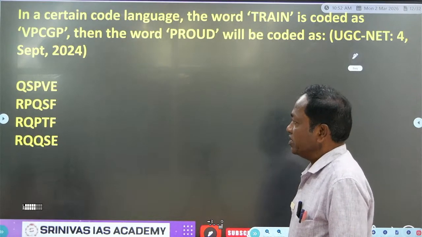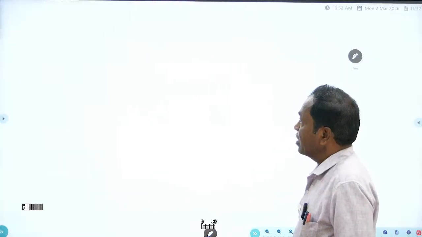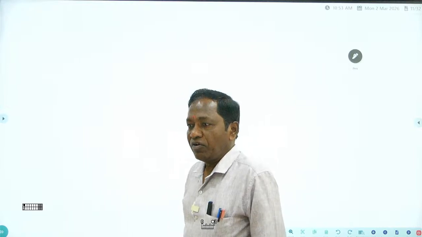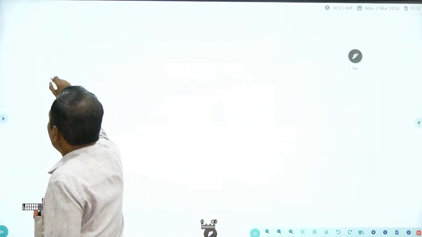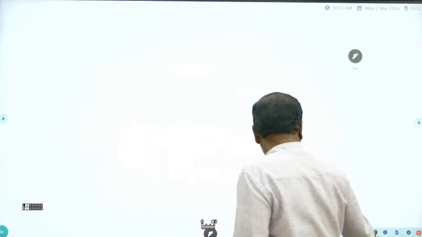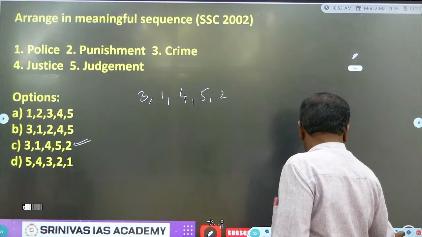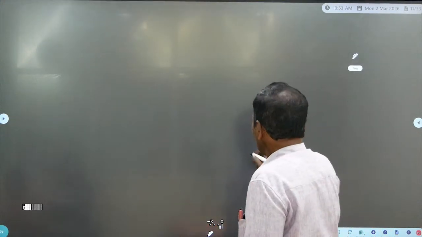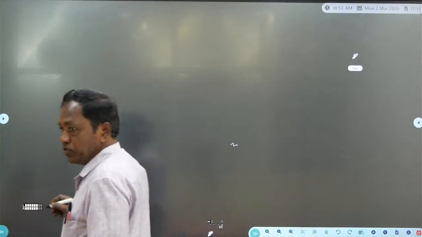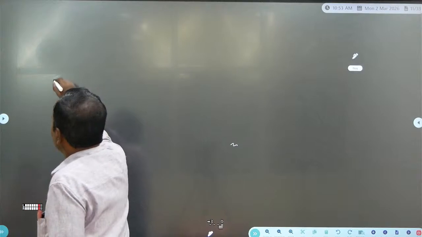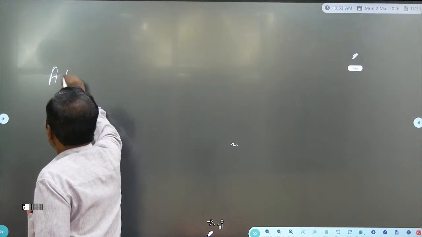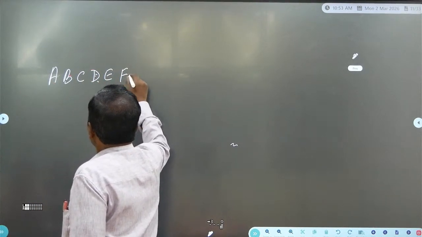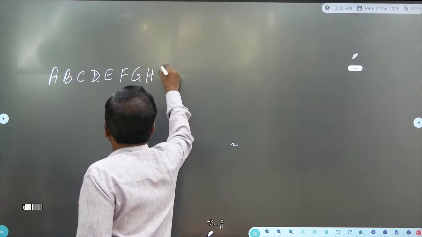Before we come to this, in coding, decoding, first you have to write the alphabet. Don't go to the question first. First write the alphabet, and after that you can solve the questions.